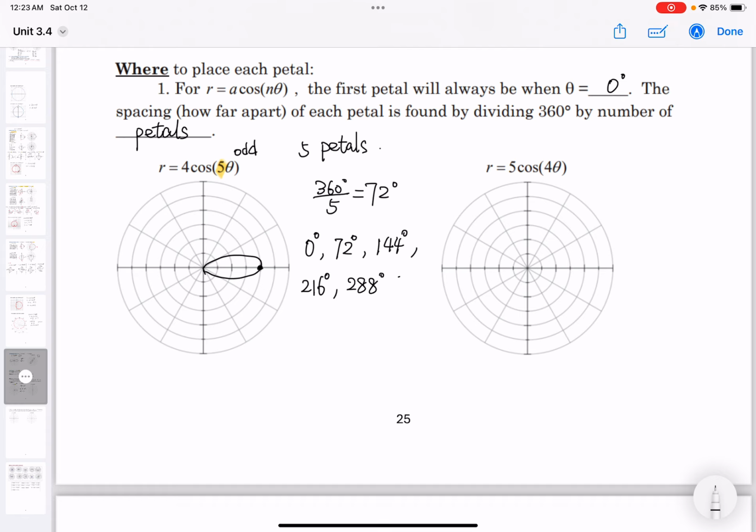So let's find these angles. So where is 72? This is 60, maybe it's here. The a is equal to 4. Just make a sketch. This is my second petal.